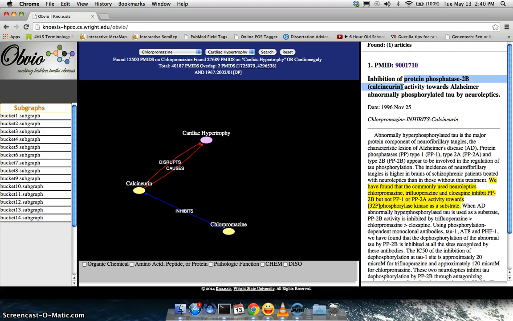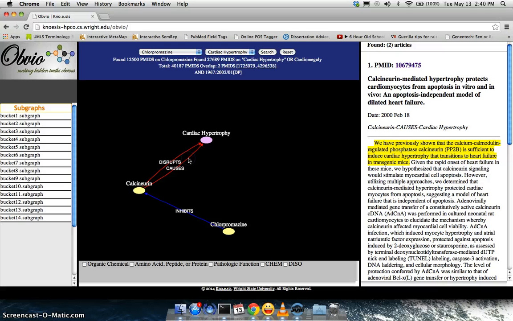2 articles contain the predication which states that calcineurin causes cardiac hypertrophy. The first article explicitly states that we have previously shown that the calcium calmodulin regulated phosphatase calcineurin PP2B is sufficient to induce cardiac hypertrophy.